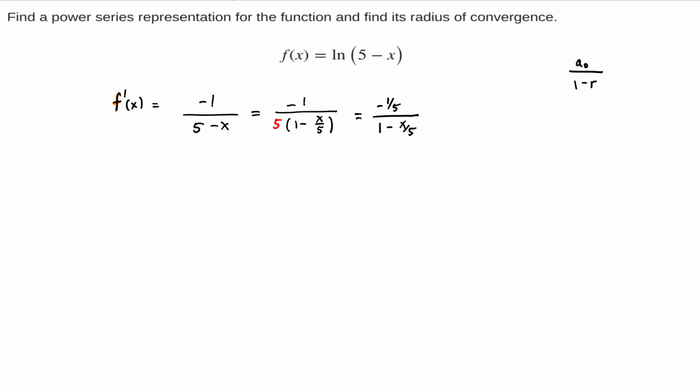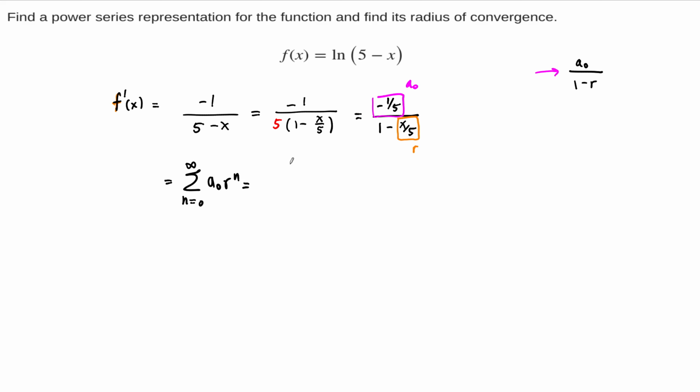And when we look at this, this looks exactly like this. So the negative 1/5 becomes the a naught, the x over 5 becomes the r, and we know how to write this series down then. As a power series, this is the sum from 0 to infinity of a naught r to the n.